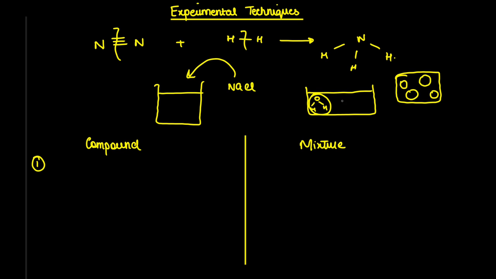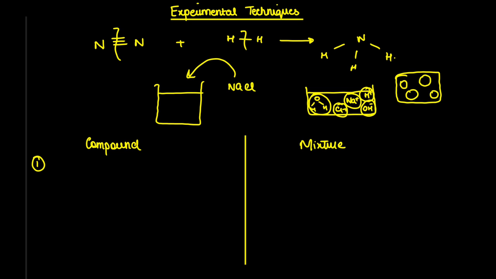Then there will be sodium ions, then chloride ions, and of course there will be hydroxide ions and H positive ions. I'm very sorry for the messy drawing, but you need to deal with it. So this is all that would be present inside a mixture, but in the compound you only see one type of particles, that is the molecules of ammonia.